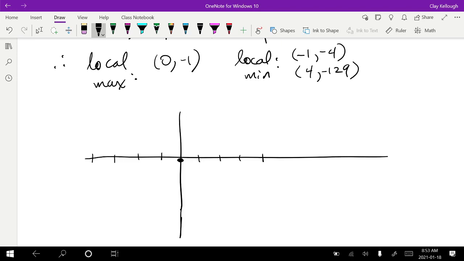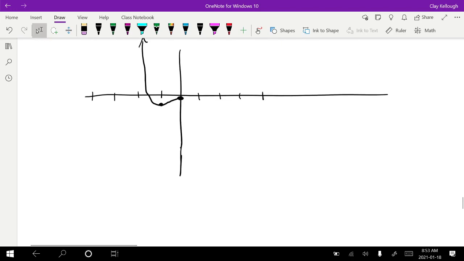And then this is -1, so you're not going to tell much of a difference between those, but that's still definitely a local minimum. So I know both arms go up, so I peak down there, peak up there, and then I go way down to 4, -129. So maybe like way down here.